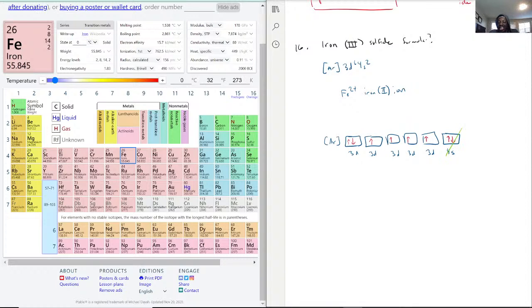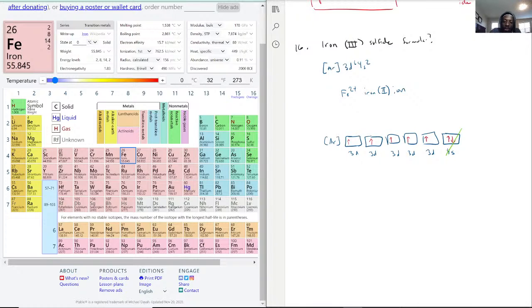Now, for an even more balanced, or arguably more stable, configuration, it will get rid of one of these electrons so that it's now 3d5. So it's lost in total, along with the outer shell, 3 electrons.